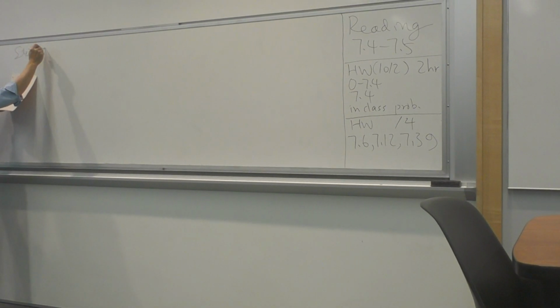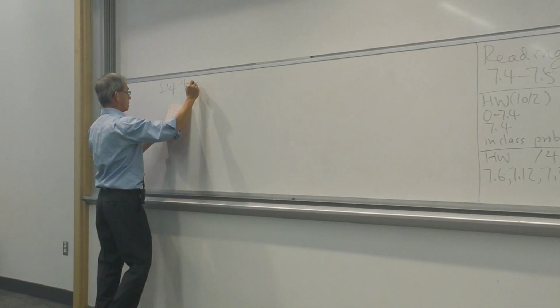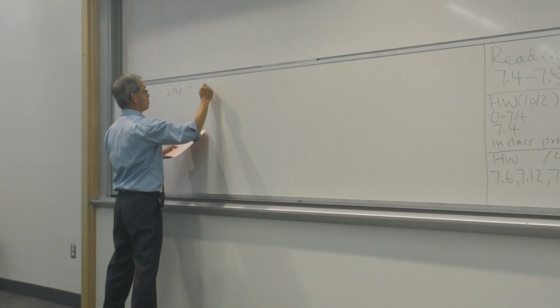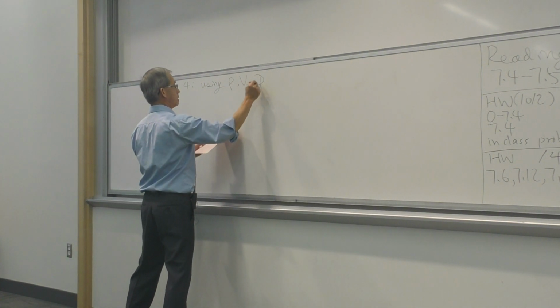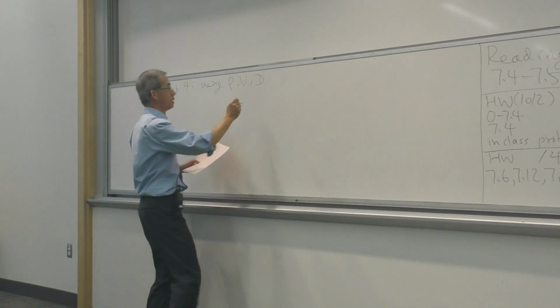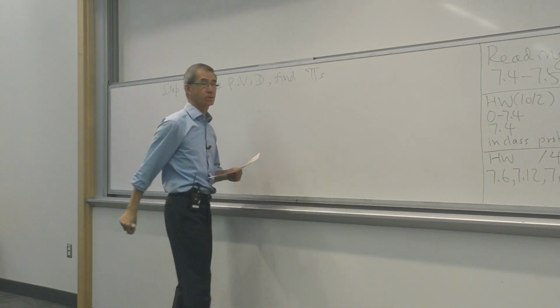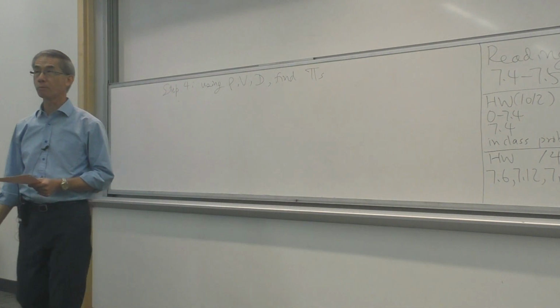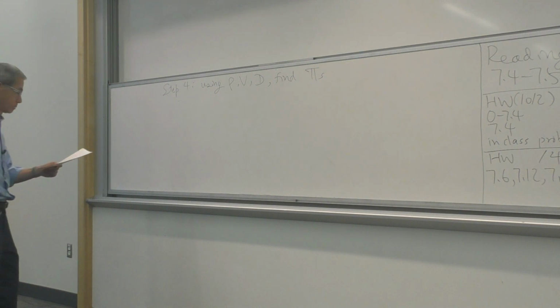So step 4 is to use what we have chosen, in this case rho, V, and D, to find the pi terms. Pi terms are the dimensionless terms that I'm after when I'm done. So how does that work?